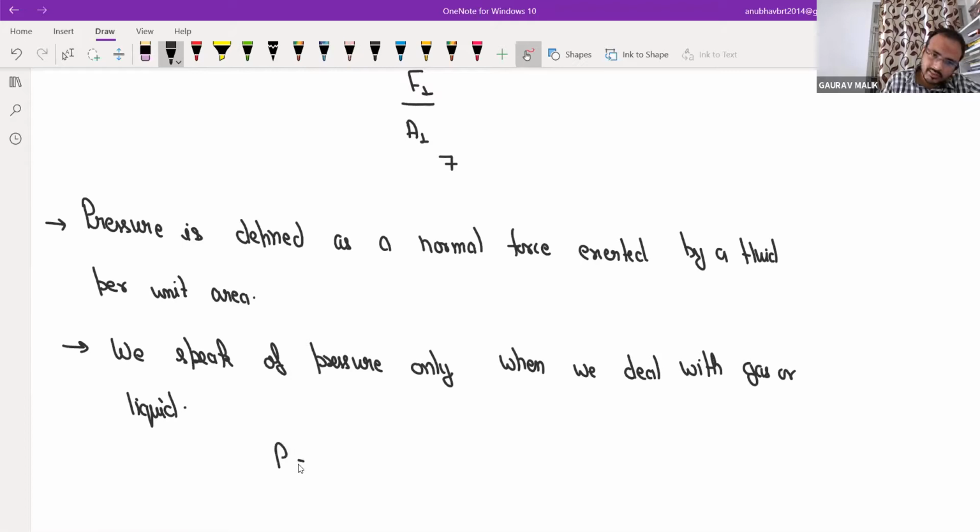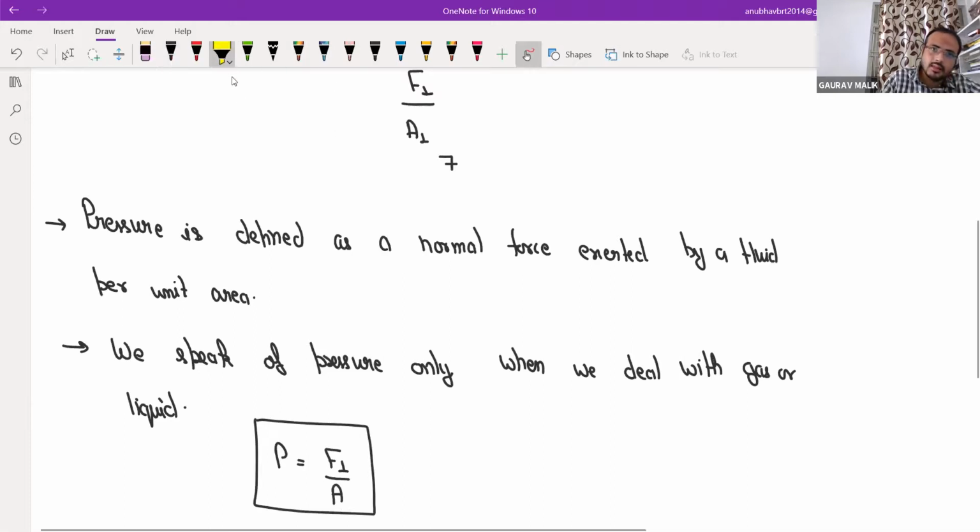So pressure is F perpendicular by A, and the unit is Newton per meter square.